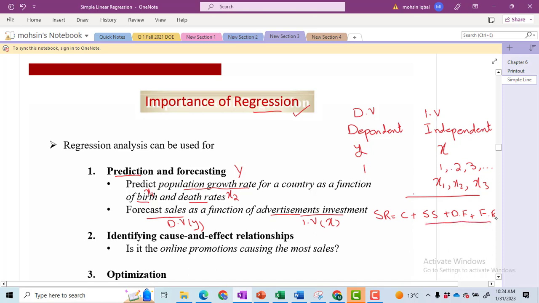When we have one dependent and one independent variable, we call it simple linear regression. And when we have one dependent and more than one independent, so 2, 3 and so on, we call it multiple linear regression analysis.